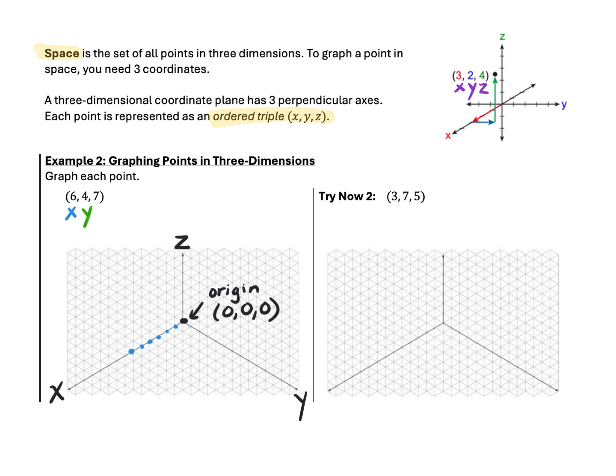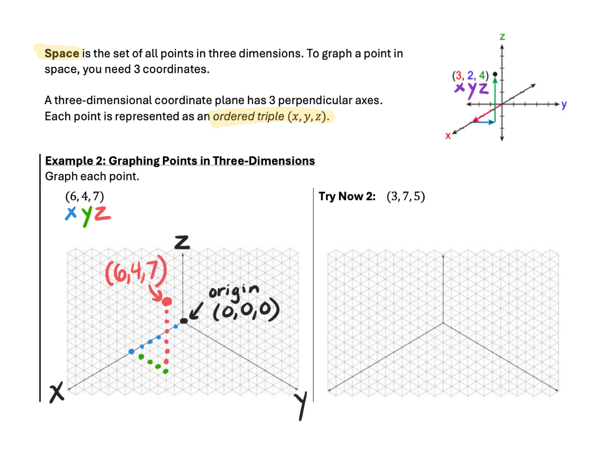So from that point, we're going to go up 4 in the y direction. So 1, 2, 3, 4. And then we go in the z direction, 7. So from there, I need to go in the z direction, which is vertical. So 1, 2, 3, 4, 5, 6, 7. And our point ends right there. So that big red dot that I just made is my ordered triple 6, 4, 7.